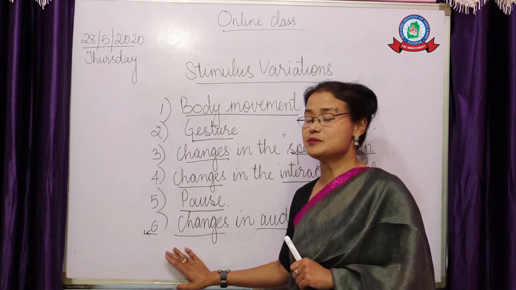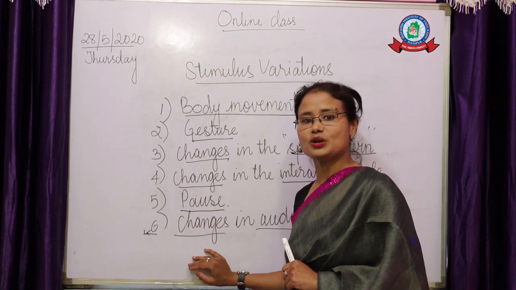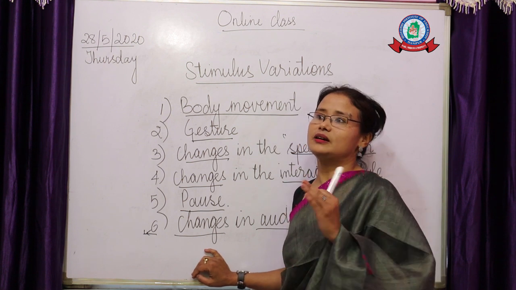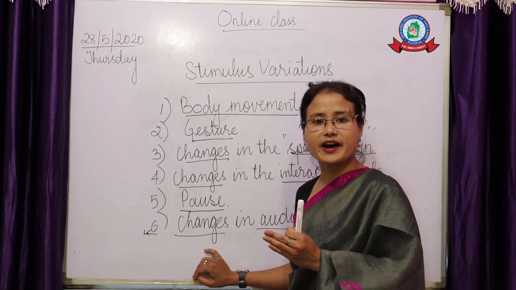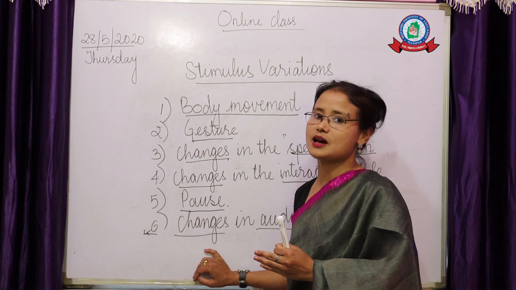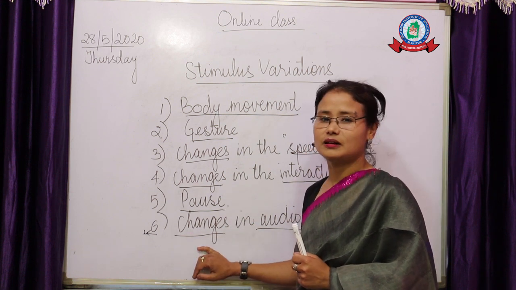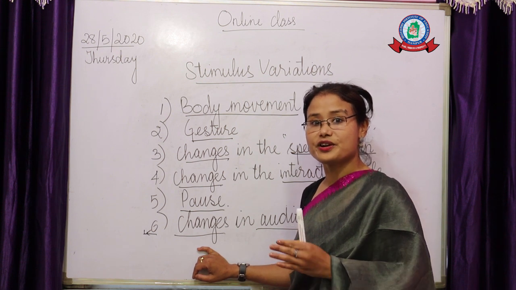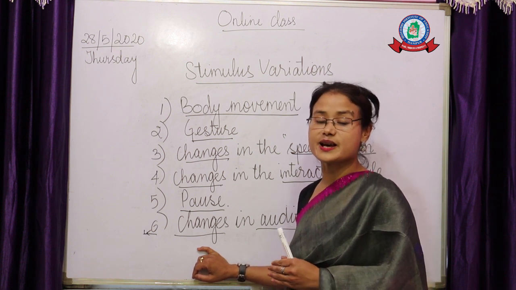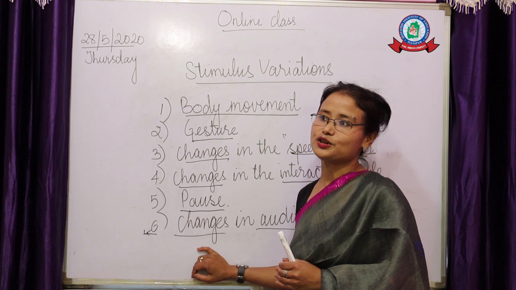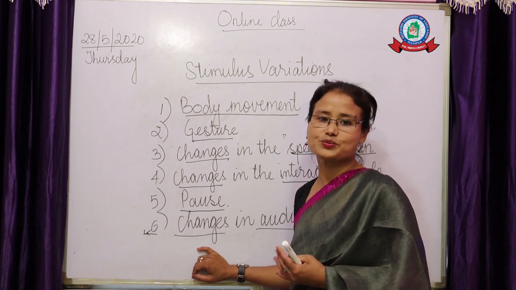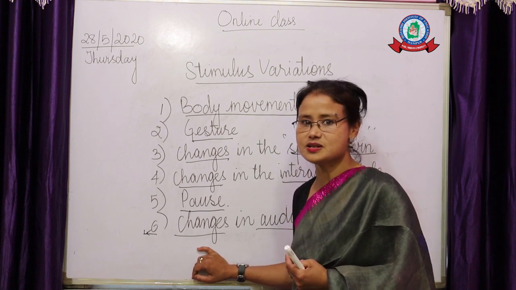And as I have said before also, these 6 stimuli are not the only stimuli that we can practice in the classroom. There are many more, but the 6 stimuli are also very essential and necessary steps that we can have in our teaching learning process.